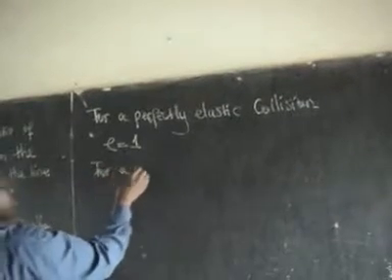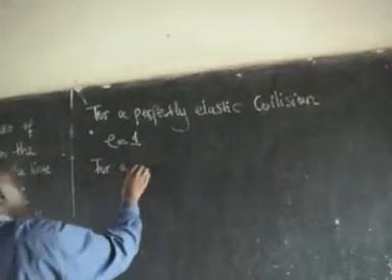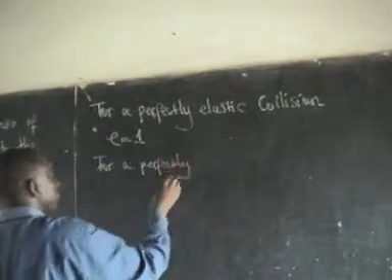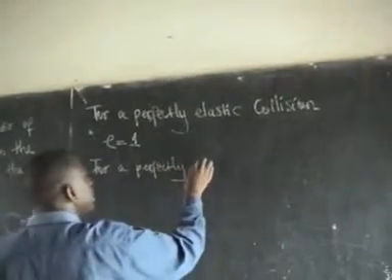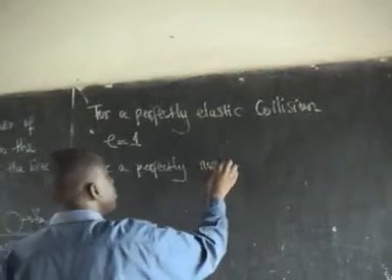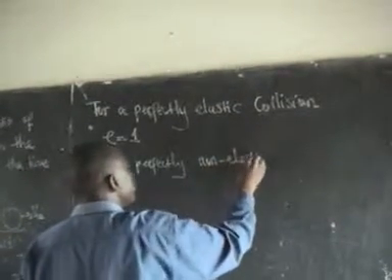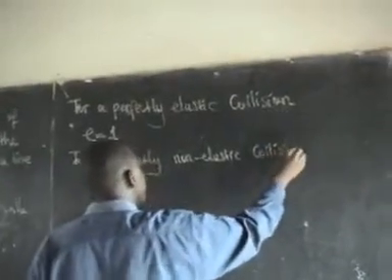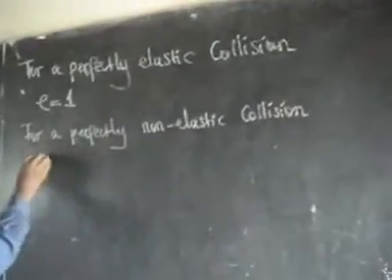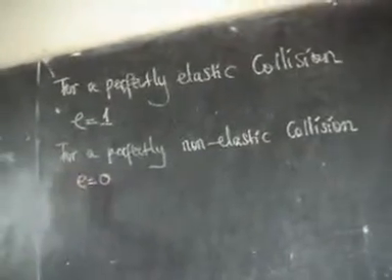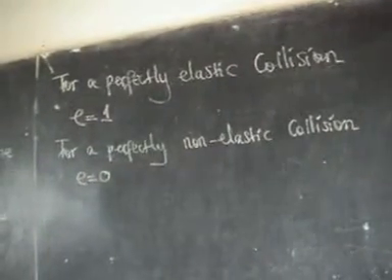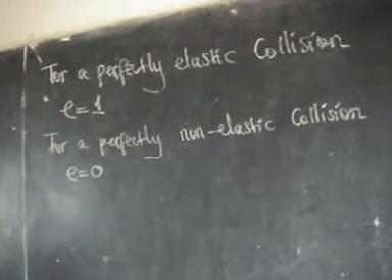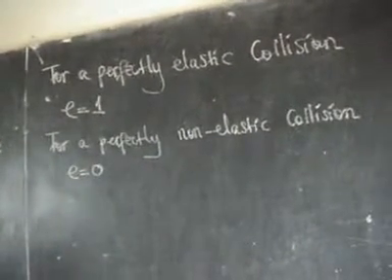For a perfectly non-elastic collision, E is equal to 0. So when you put E equals 0, V2 will be equal to V1.